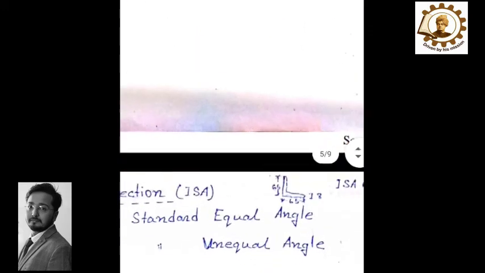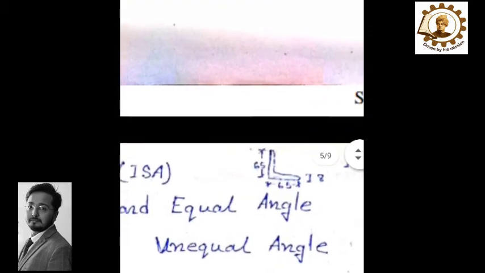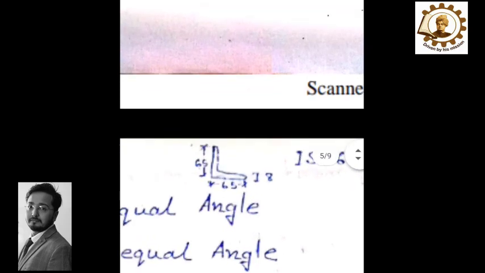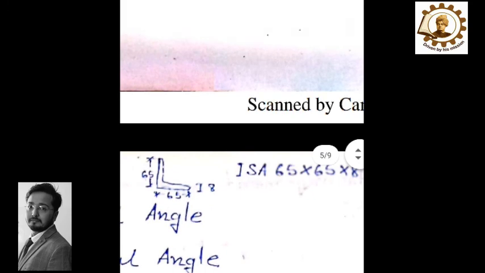This equality and inequality depends upon these 2 legs. If the length of these 2 is the same, then it is called Indian Standard Equal Angle, and if the length is not the same, then it is called Indian Standard Unequal Angle.